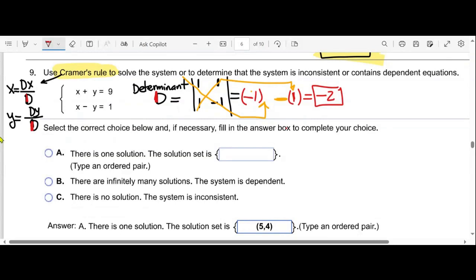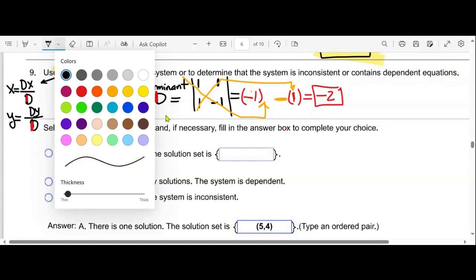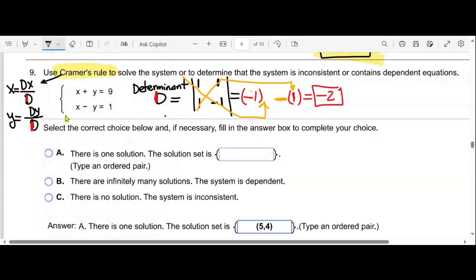The determinant in this case is negative 2. I need to get dx. Before I do dx, we write this as an augmented matrix: 1, 1, 1, negative 1, and then 9 and 1, right? Is this clear?